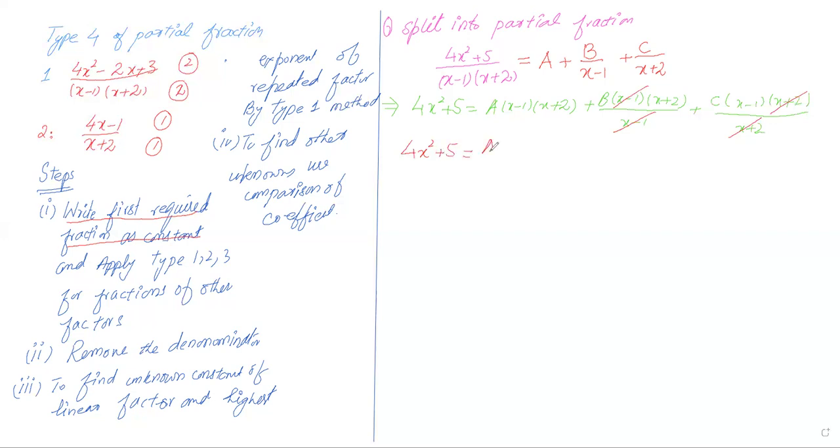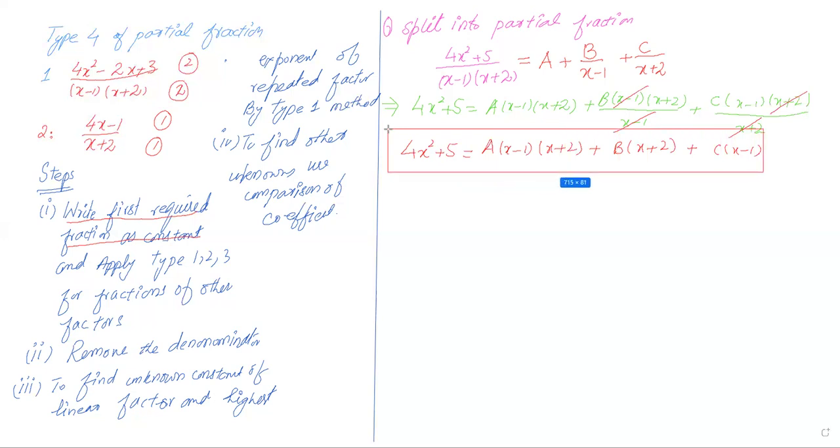So I have A times (x - 1)(x + 2), plus B times (x + 2), and then plus C times (x - 1). That is the required result, from which you have to find the other unknown constants.